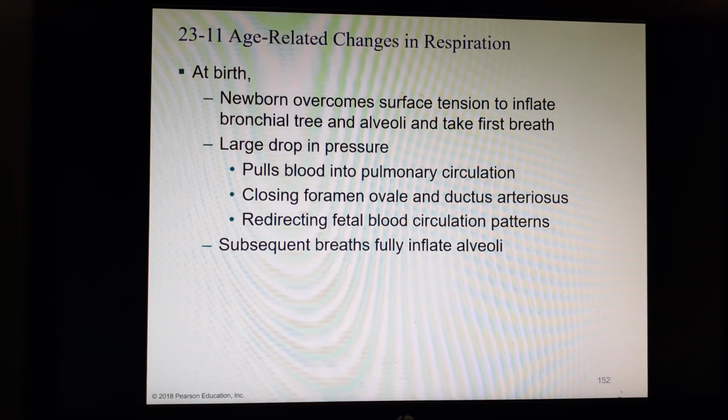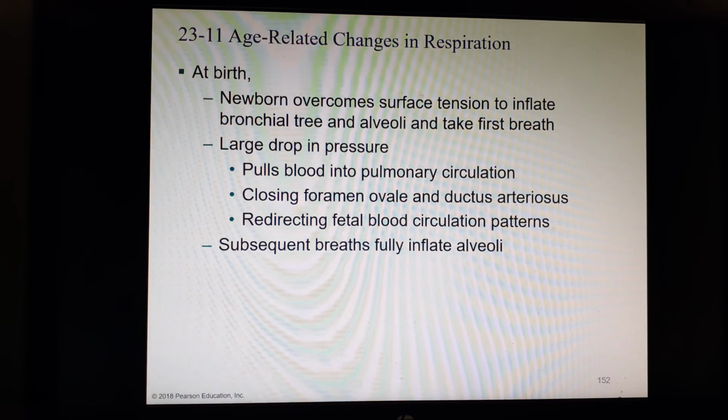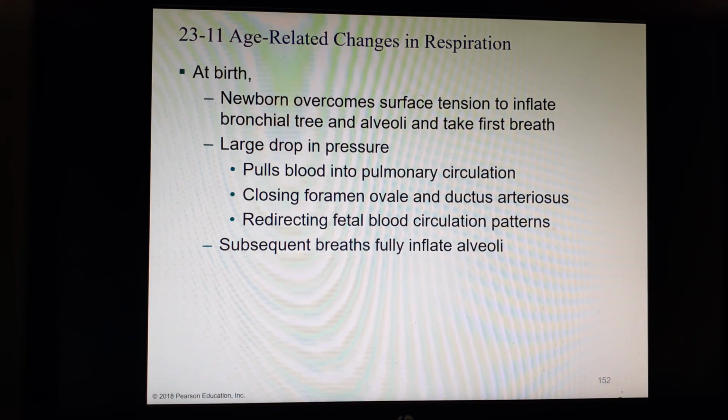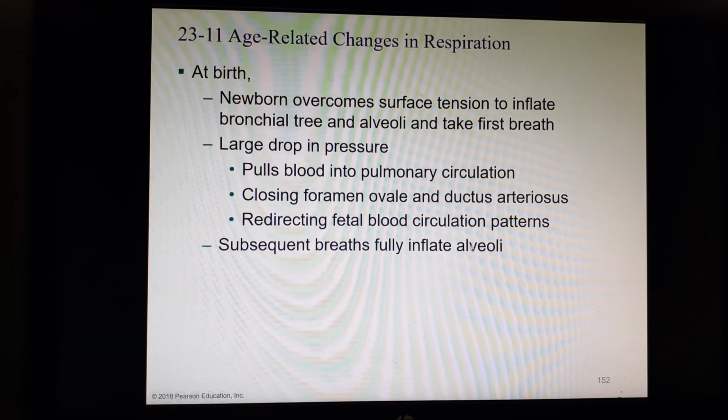This causes a huge drop in pressure and pulls blood into the pulmonary circuit. This drop also closes the foramen ovale and ductus arteriosus, and it now establishes the normal blood pattern through both the pulmonary and systemic circuits. And every other breath will fully inflate the alveoli.